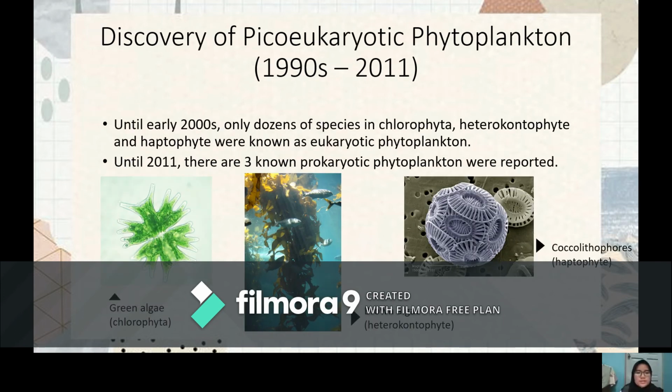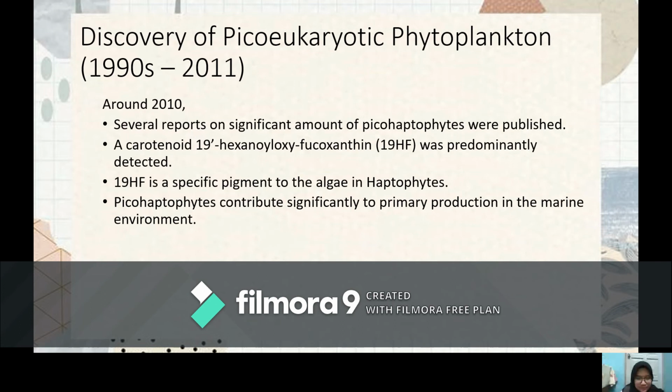So the next one is the discovery of eukaryotic phytoplankton in the 1990s to 2011. Until the early 2000s, only dozens of species in Chlorophyta, Heterokontophyta, and Haptophyta were known as eukaryotic phytoplankton. But until 2011, three new eukaryotic phytoplankton groups were reported. For the discovery of pico-eukaryotic phytoplankton around 2010, several reports on a significant amount of picohaptophytes were published.